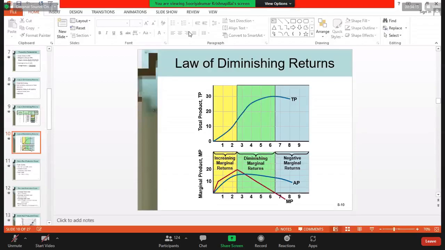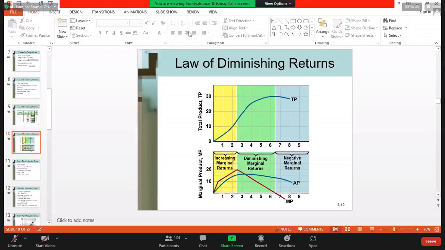So marginal product increases, then decreases. The law of diminishing returns happens after a certain point. So when the marginal product increases, marginal cost decreases. When marginal product decreases, marginal cost increases. So they are opposite mirror images.